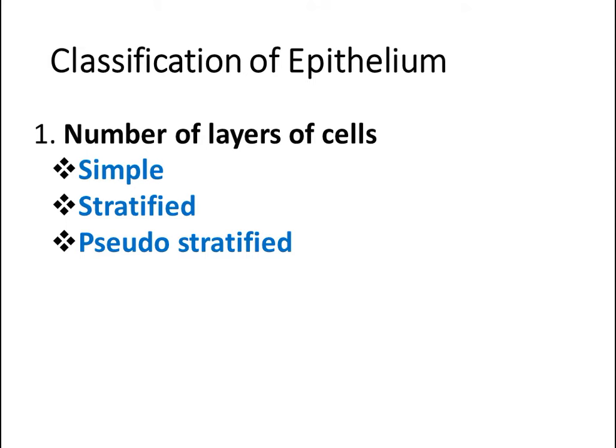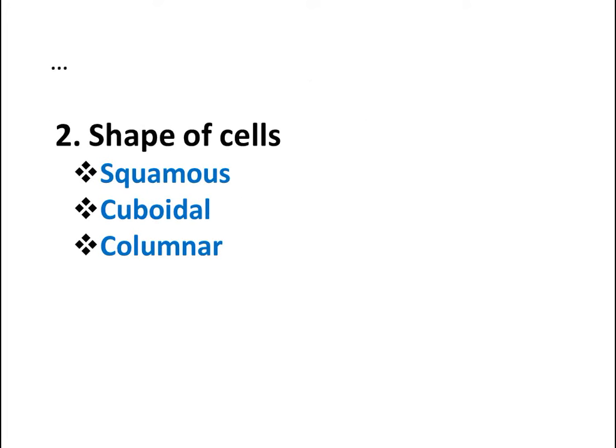By columnar, we are saying it is taller than wide. It appears to be stratified, however it only has one layer of columnar cells.